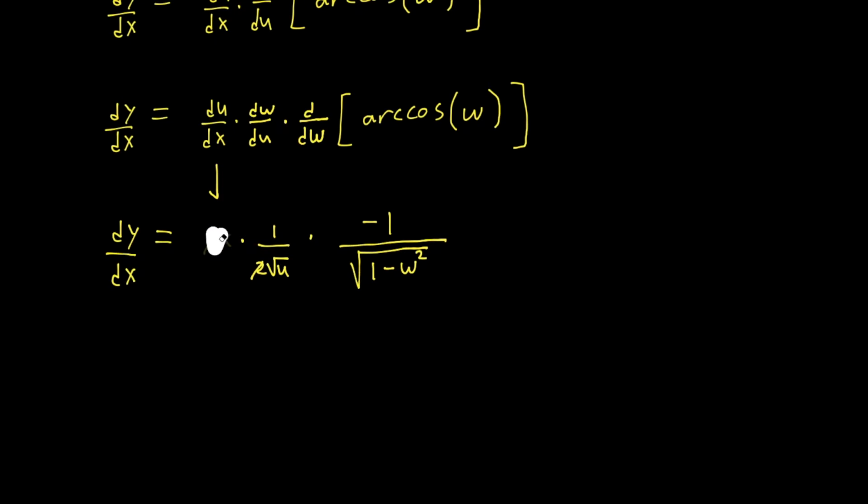So let's do that. And let's bring this u over. This multiplication is just going to give this denominator a square root of u coefficient.